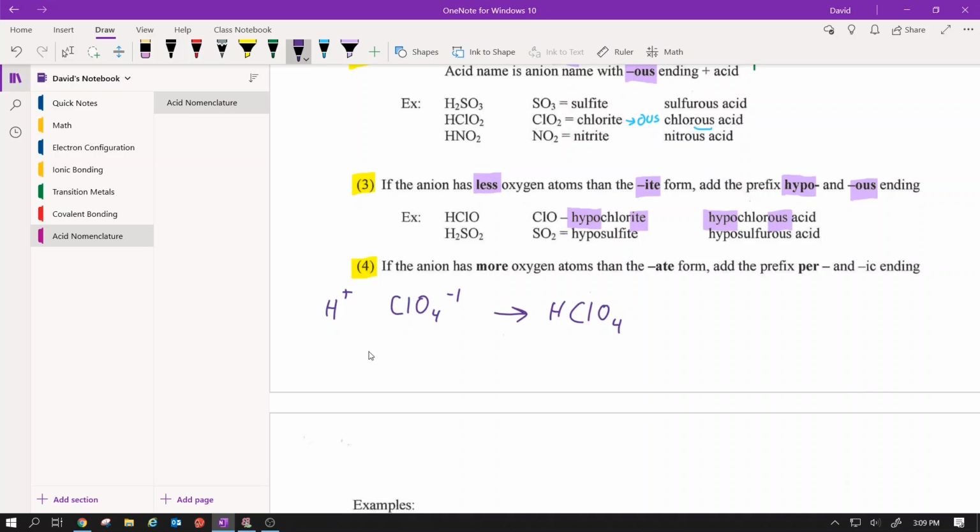Now let's see, this was a perchlorate, which means that we're going to keep the per and we're going to convert the ate to the ic. So this will be perchloric acid. Okay. All right, feel good about that?